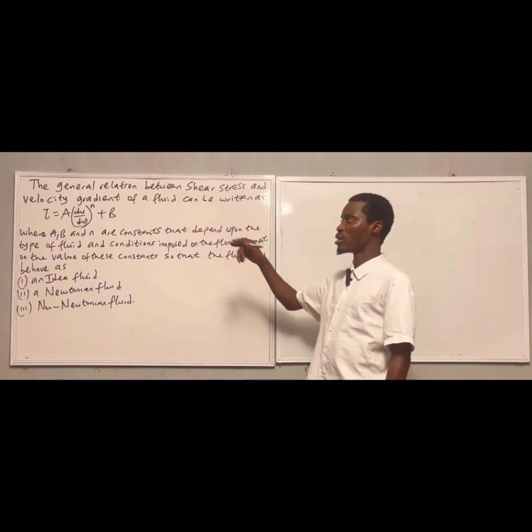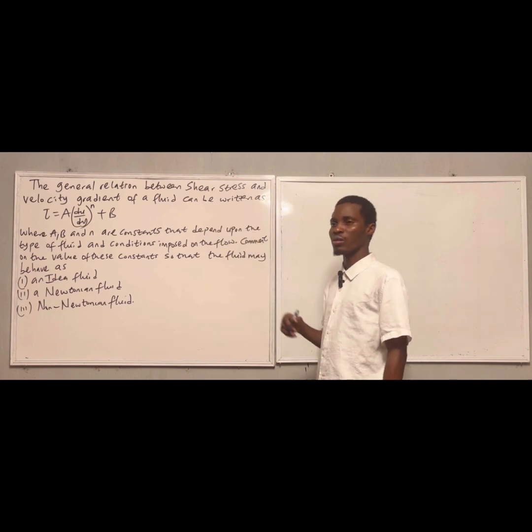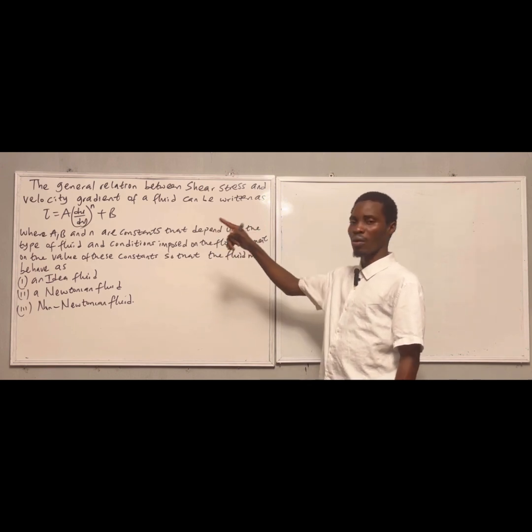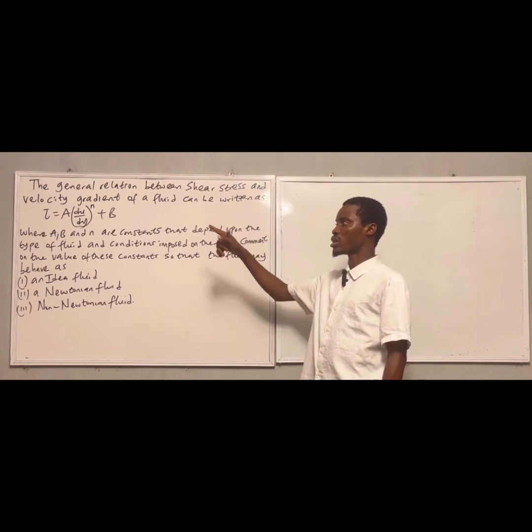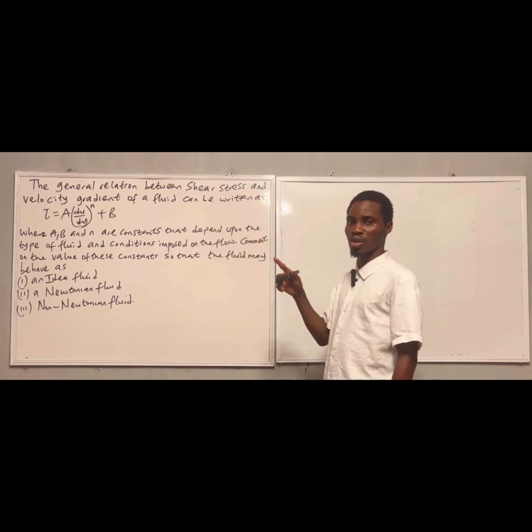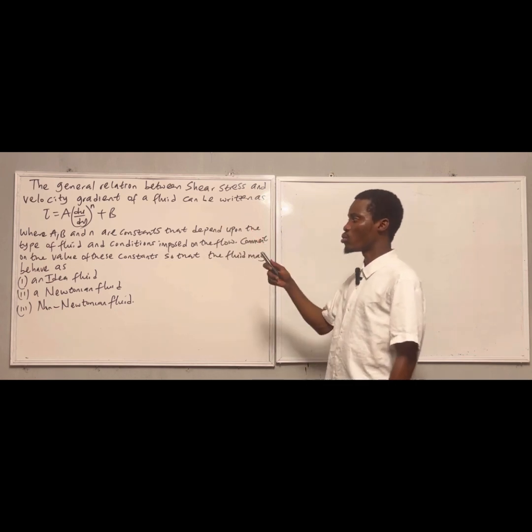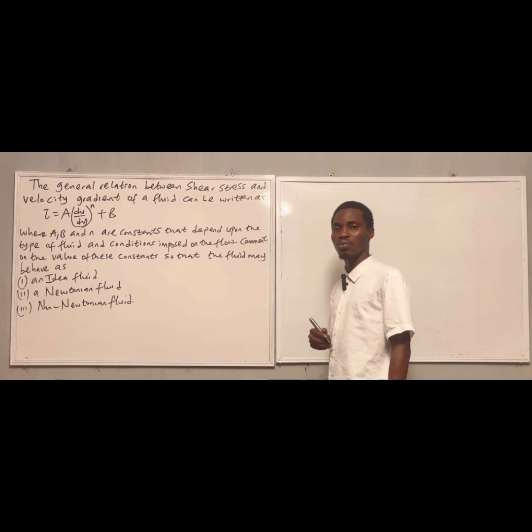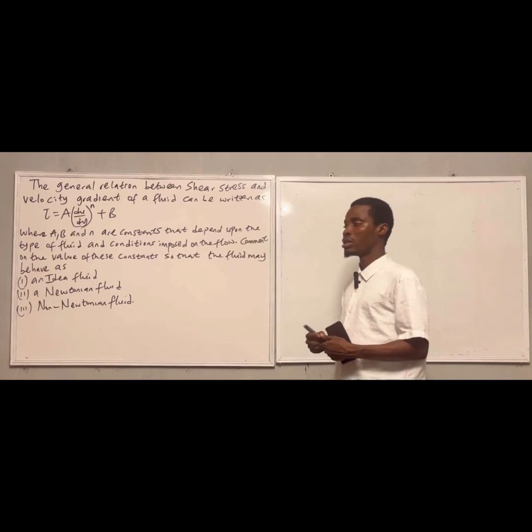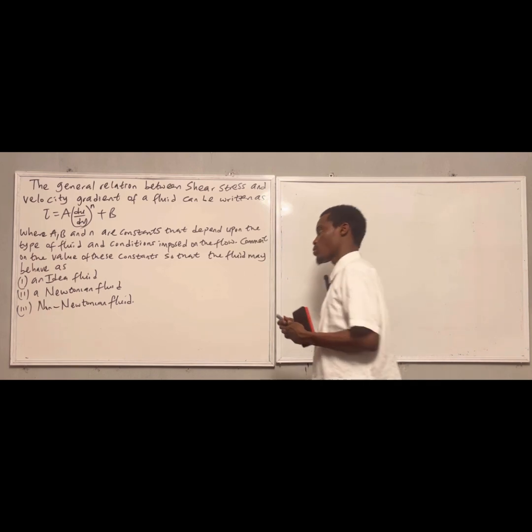If our viscosity is zero, our shear stress will be zero. It means for it to behave as an ideal fluid, our A will be zero and our B will be zero.